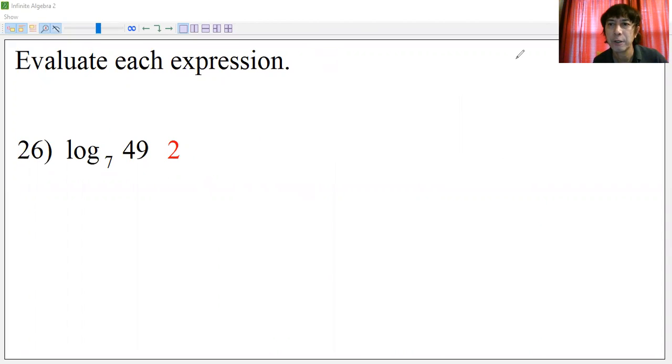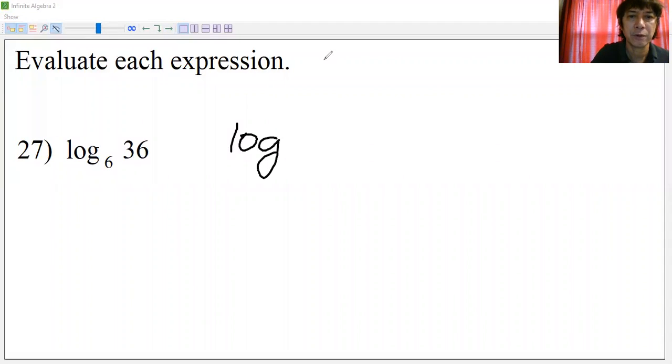Let's have the next. We shall now be doing number 27. This is now logarithm of 36 base 6. Now 36 is very simple. This can now be just logarithm of 6 squared base 6.